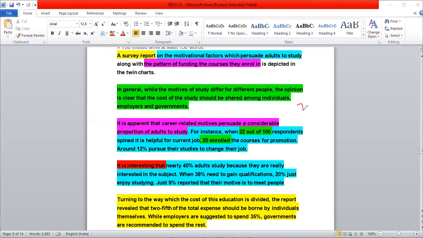Okay. And one more thing to be noticed is that whenever you write figures like 2000, if it is not the year, you put a comma here. This is 2000 or this is 2,000. Both these things we can say it's two thousand.